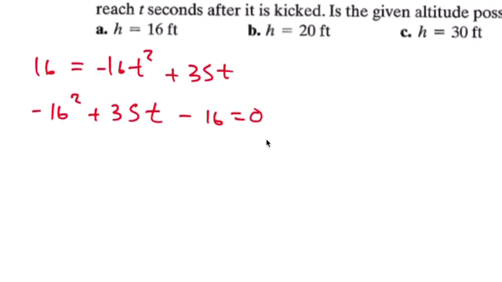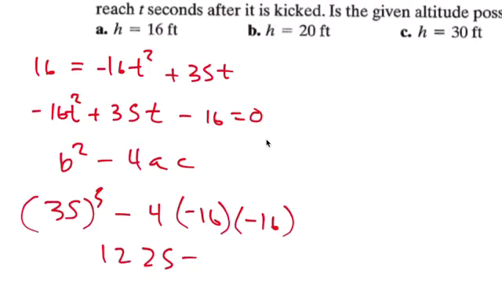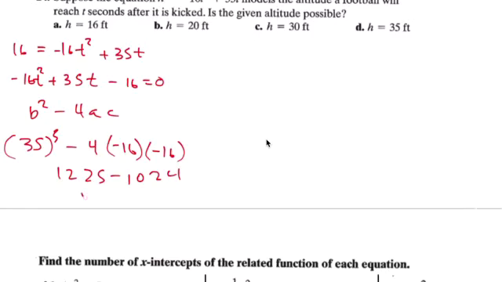Use the discriminant, which is b squared minus 4ac. 35 squared minus 4 times negative 16 times negative 16. 35 squared, you need a calculator for this one, right? 1,225 minus 16 times 16 times 4, 1,024. So it's going to be positive. So yes, this is a possibility.